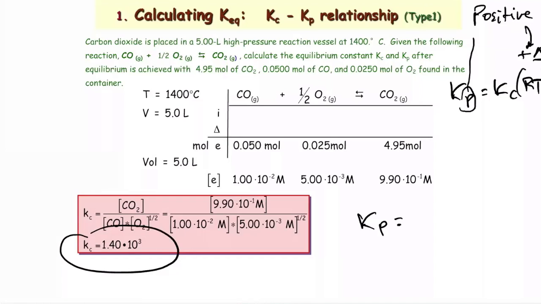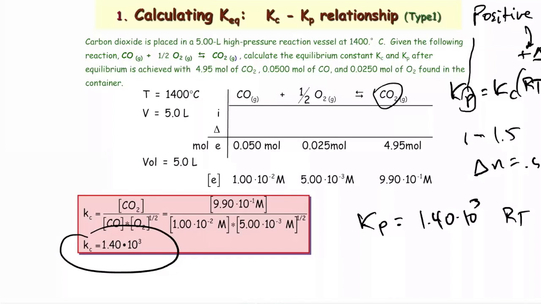Anyway, what is Kp? Well, Kp equals Kc, 1.40 times 10 to the third, times RT. And what is delta n? Well, this is 1, and this is minus 1.5. So delta n equals minus 0.5. Minus 1/2 means the square root.